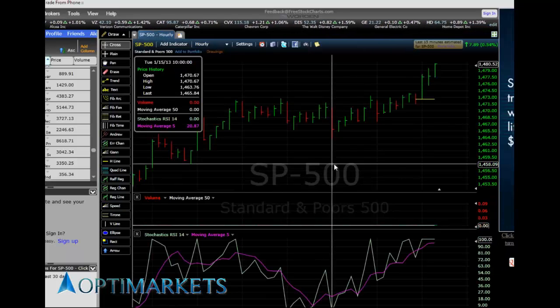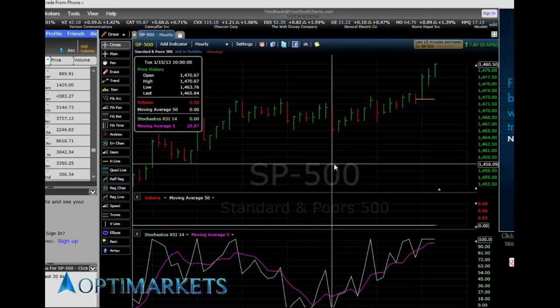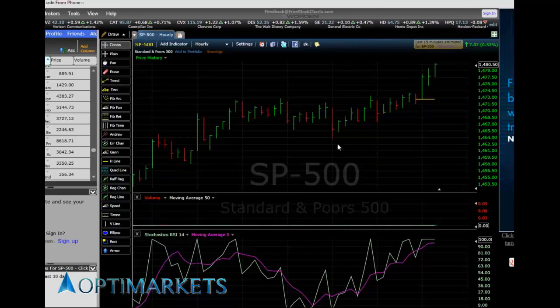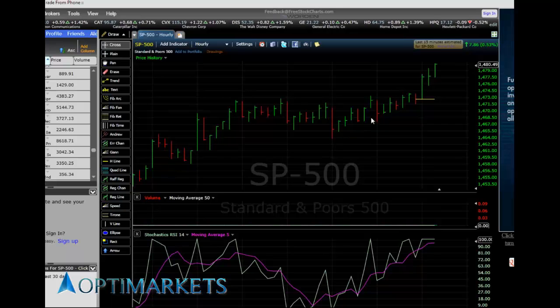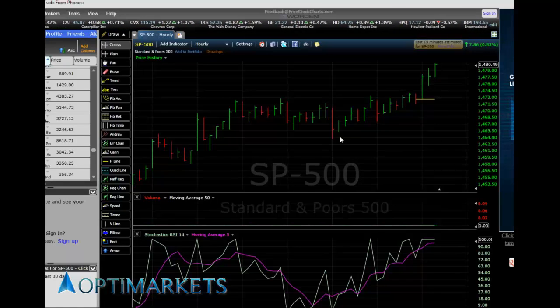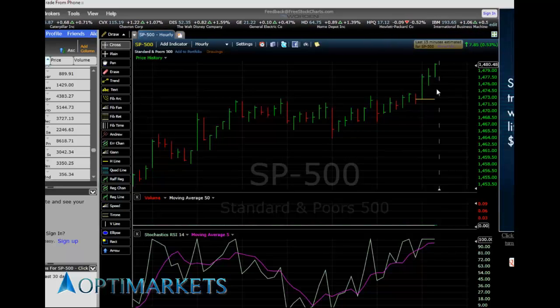You can see that consistently since January 15th at 10 a.m. we have been in a consistent uptrend in the S&P 500. You can see the trend is just continuing higher.